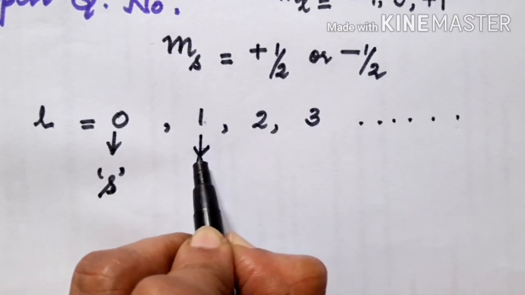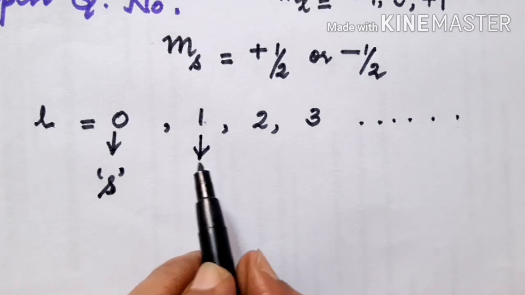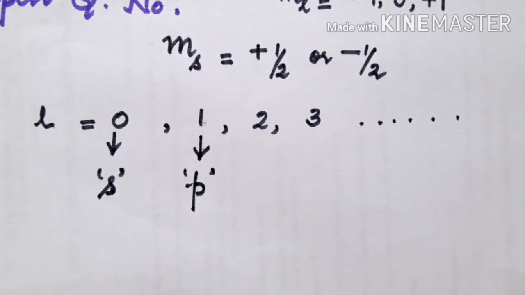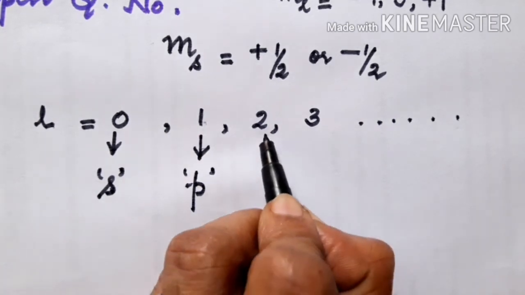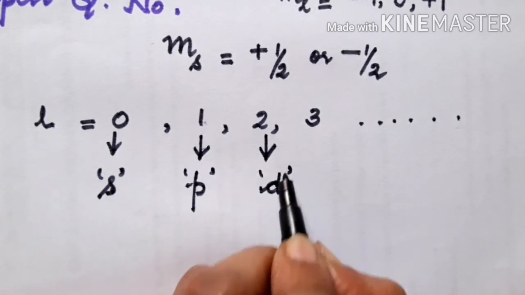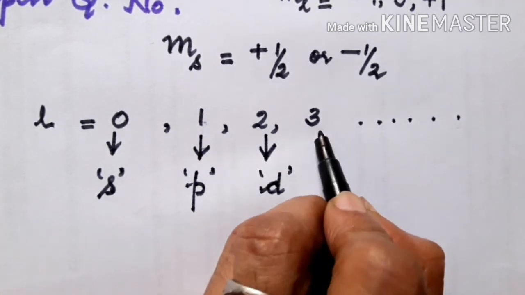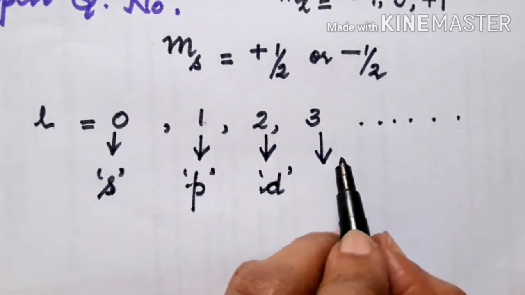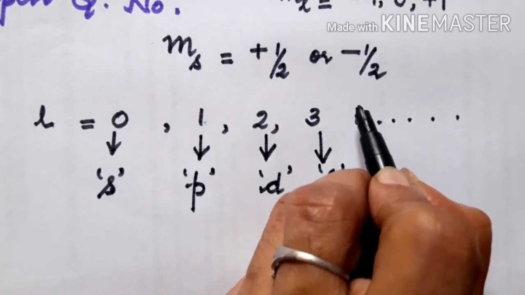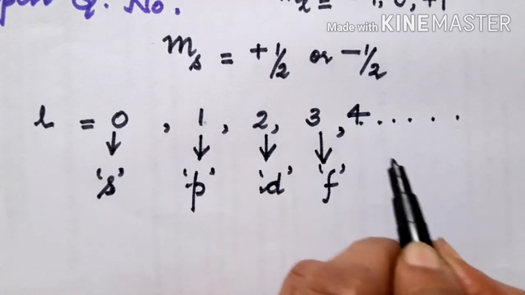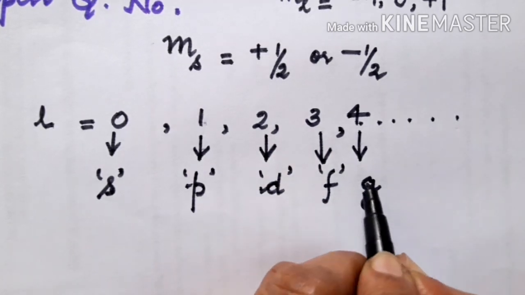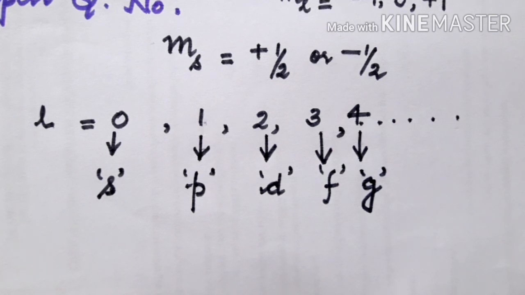If the L value is 1, we say that it belongs to the subshell or orbital called P, and when L is equal to 2, we say it belongs to the D orbital or D subshell, and if L is equal to 3, it belongs to the F subshell, and so on. The next one will be L is equal to 4, which denotes the G subshell or G orbital.